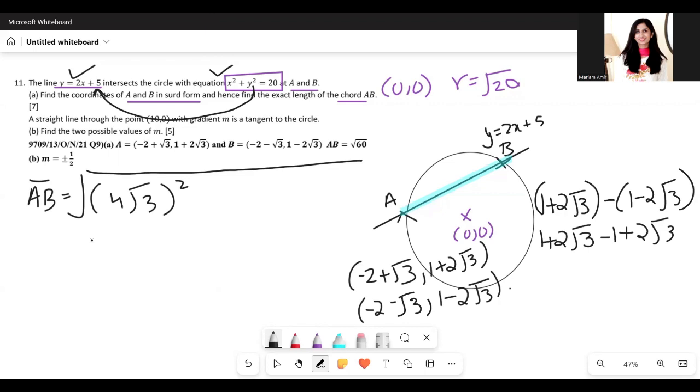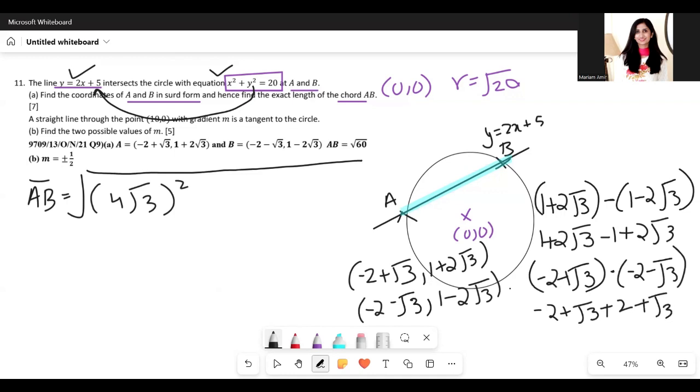And for x2 minus x1, let's do that here as well. Minus 2 plus square root of 3 minus (minus 2 minus square root of 3). So this is going to be minus 2 plus square root of 3 plus 2 plus square root of 3. That gives us 2 square root of 3.